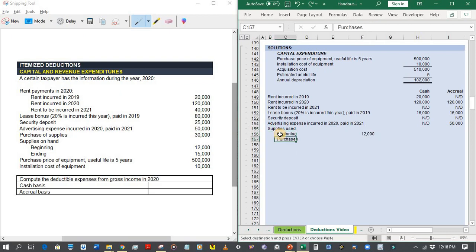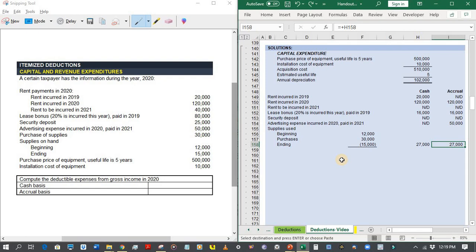Then we purchased additional supplies for 30,000 pesos, and our ending balance of supplies is 15,000 pesos. The 15,000 pesos is the remaining supplies at the end of the year. Which means out of 42,000 available supplies that can be used, only 15,000 remained at the end of the year, and that leaves 27,000 pesos. So that is the amount of supplies consumed in 2020, and that is deductible for both cash basis and accrual basis.